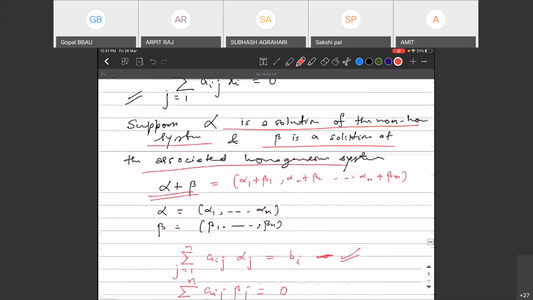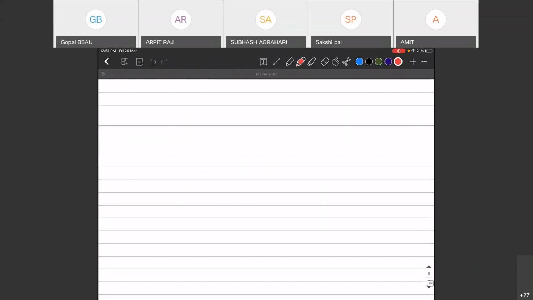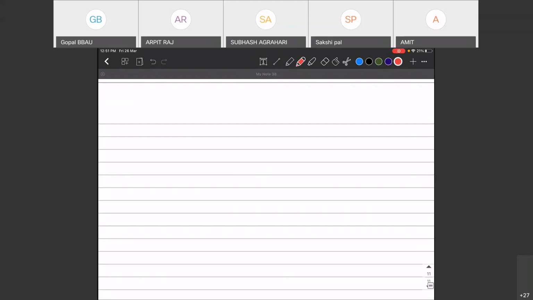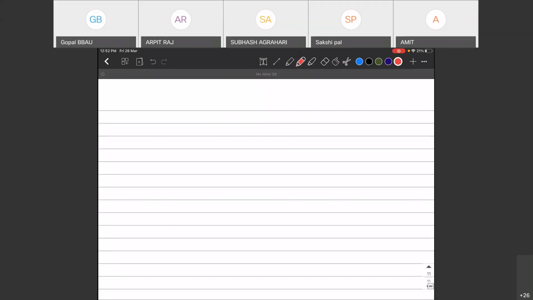So let's generalize this. We call such a solution set a vector space. So let's define.